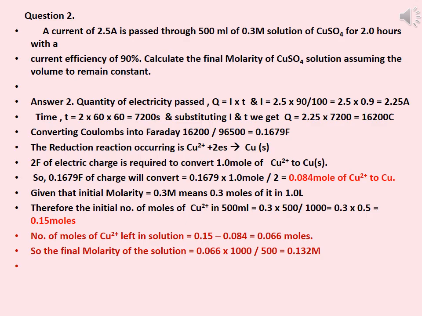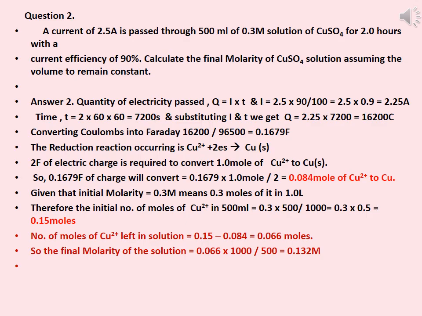So copper ions are getting used up during the electrolysis. How? They are getting reduced to metallic copper. Now, from the reduction reaction equation, it is seen that 2 Faradays of electric current is required to convert 1 mole of copper ions to copper.